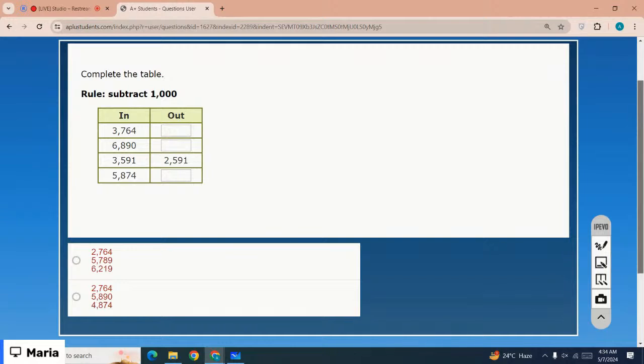The correct option is the second option. Very good.